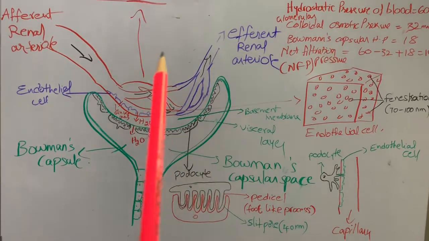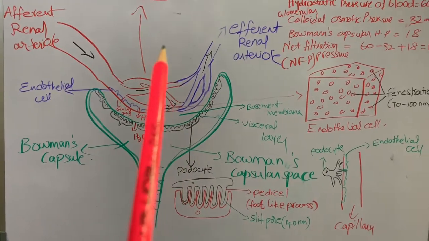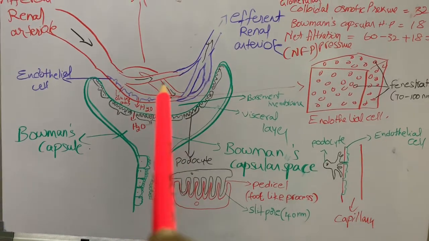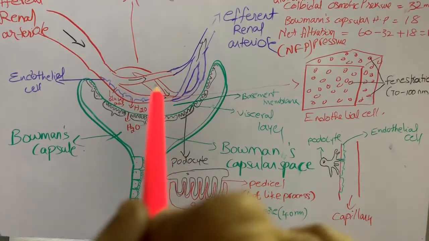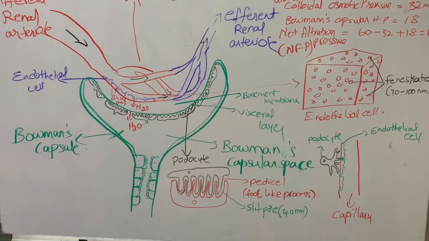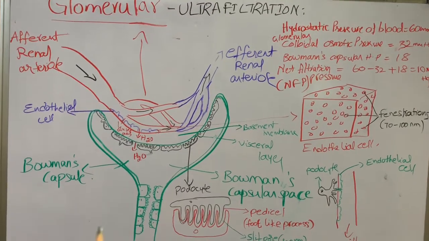With this pressure, the water, glucose, amino acids and all the small particles enter from the glomerular blood into the Bowman's capsule. This is known as ultrafiltration.